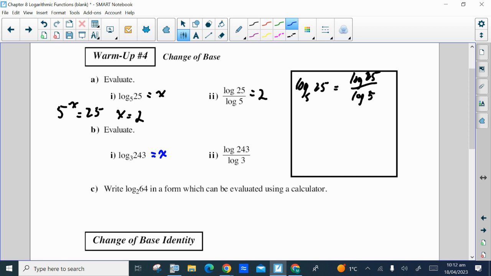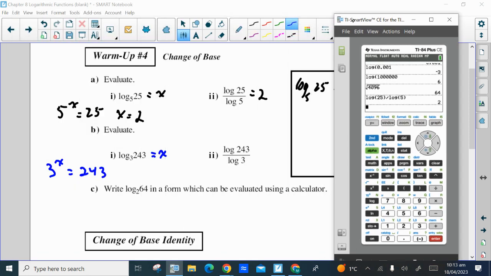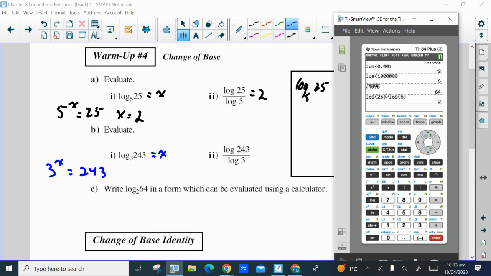243. You can do this by writing it as an exponential function, starting with the base and cycling through. And again, we've seen that log base 3 of 243 is really asking 3 to what power is 243. This can be done by trial and error, finding out 3 to what power is 243.